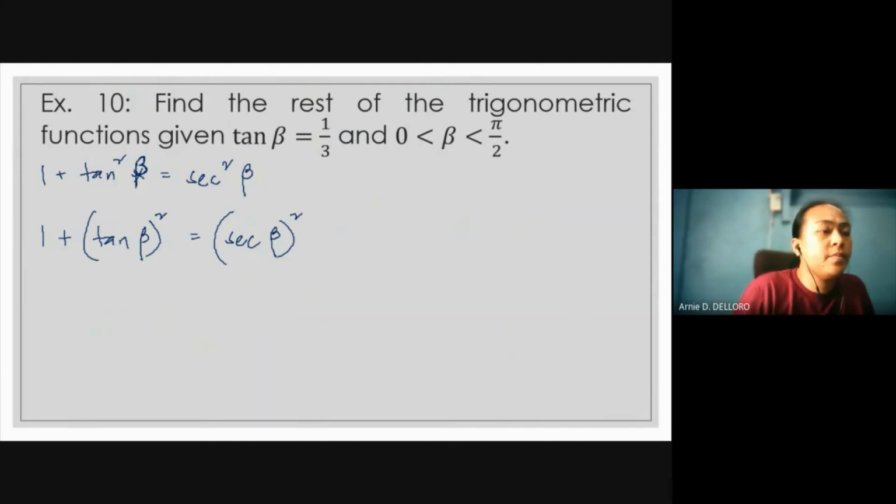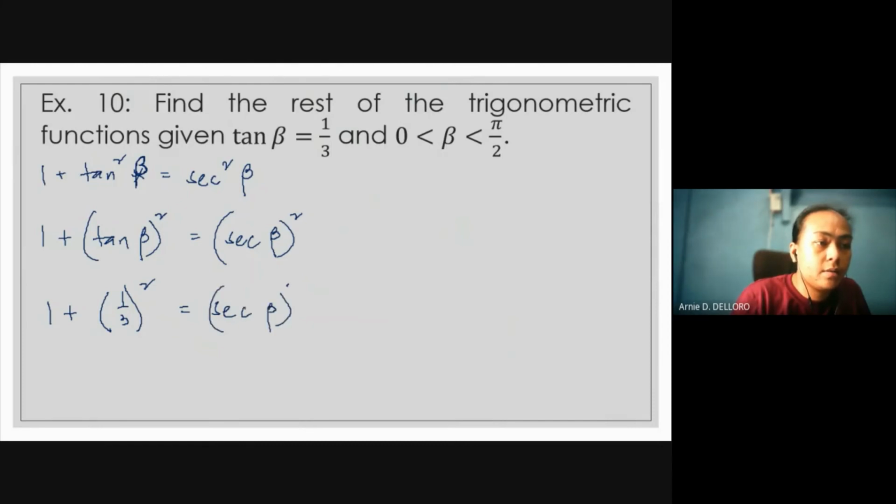So we can substitute 1/3 in this formula. We have 1 plus 1/3 squared is equal to secant beta squared.